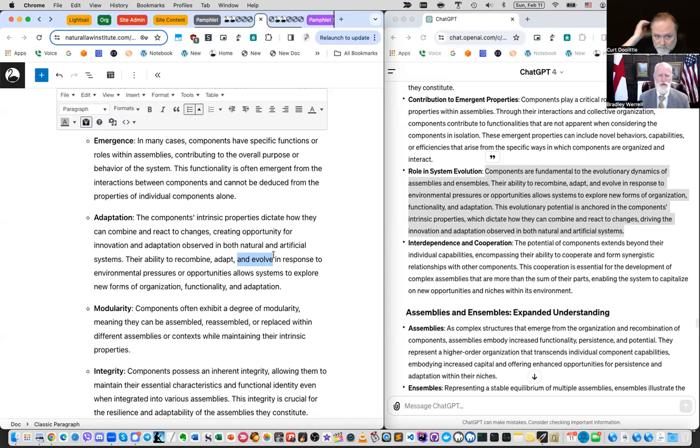But the components don't change unless they change at the causal level of the adaptation above. I don't know if that's true, Brad.